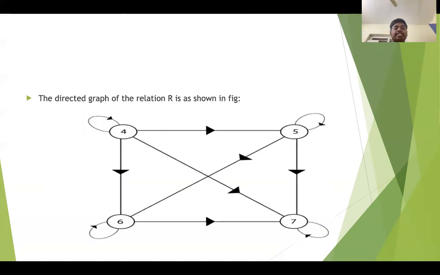Here we can see the directed graph of relation R. The arrow goes from 4 to 7, which is (4, 7). (4, 4) is represented as the arrow pointing to itself.